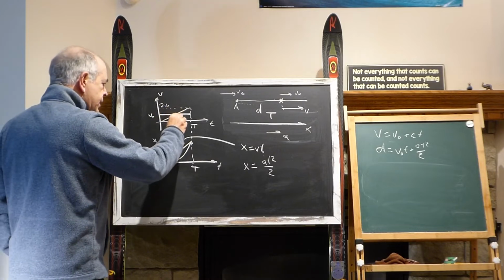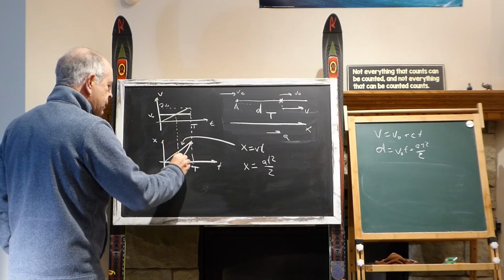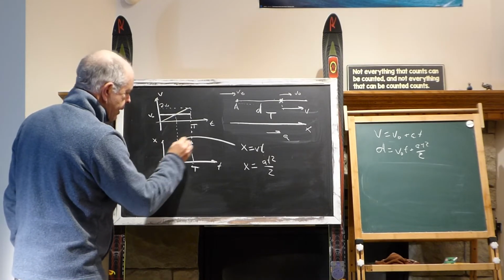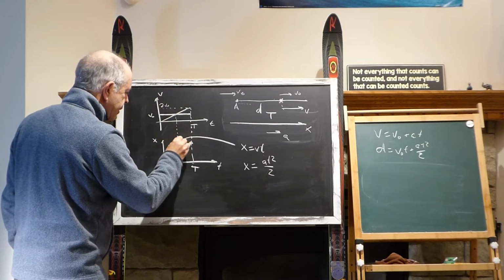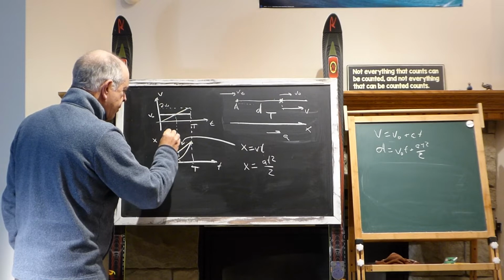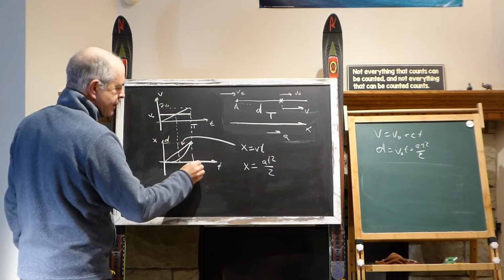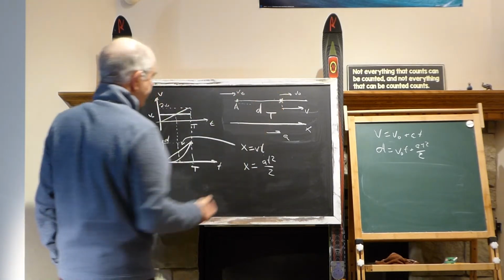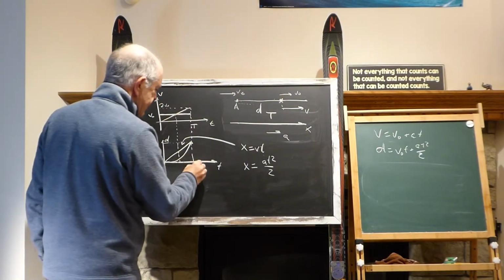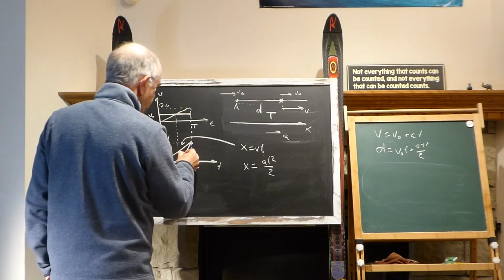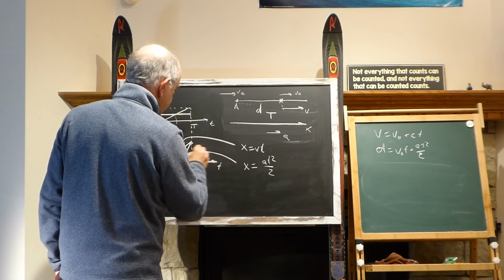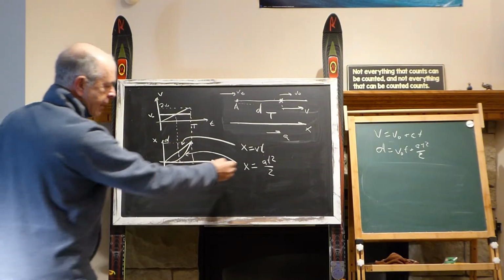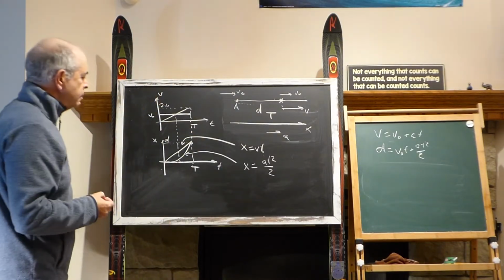It's very interesting what is happening at this point. It is the same distance d at the same time t, because they covered the same distance d and are located at the same spot. So this parabola is x equals at squared over 2.